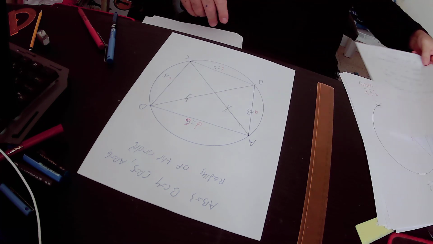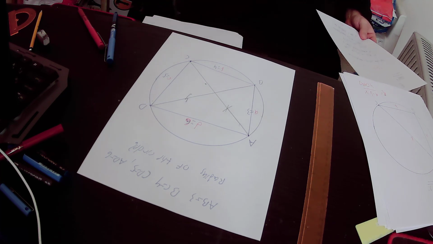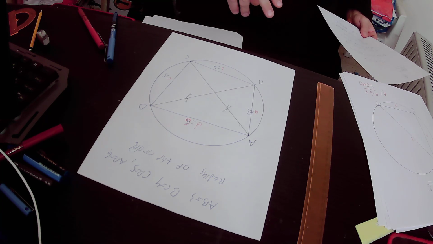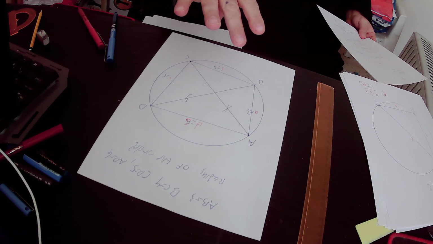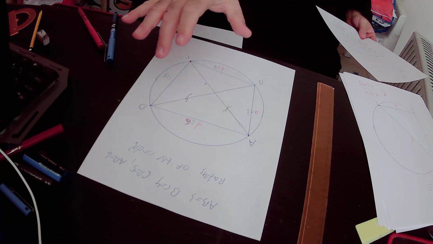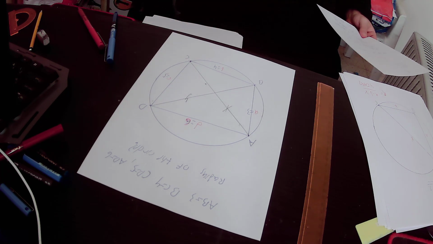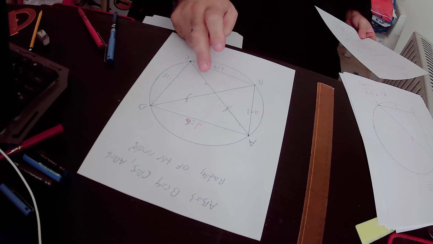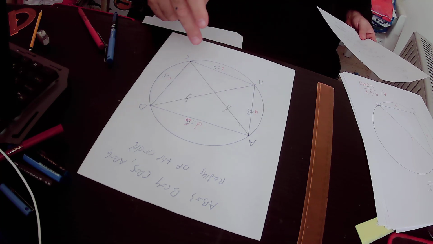So if we look at this quadrilateral ABCD inscribed by this circle, and we draw the two diagonals, the size of diagonal AC is x units, and the size of diagonal BD equals y units, then according to rule number 2, x times y equals A times C plus B times D.